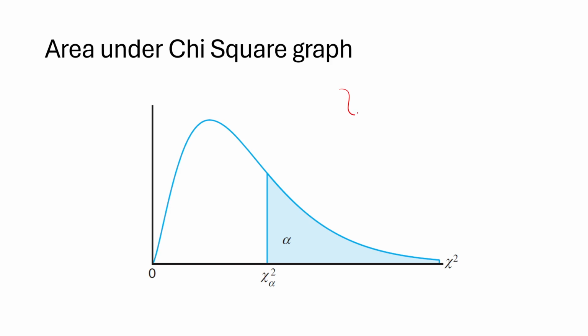So when I say chi-square of 0.95, I'm saying that the area to the right of this point is 0.95. If I say chi-square of 0.05, I'm saying the area to the right of it is 0.05, the shaded region over here. Okay, area to the right.